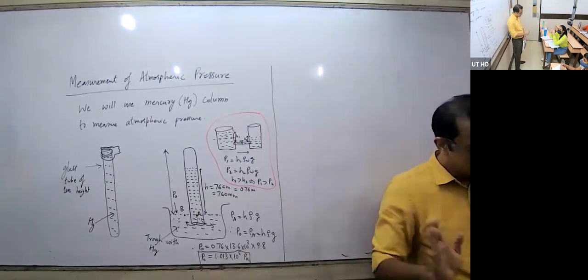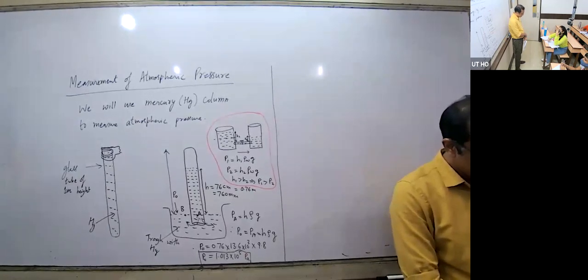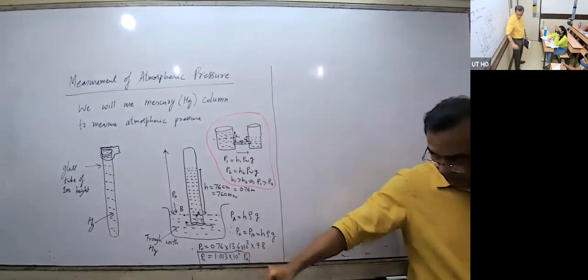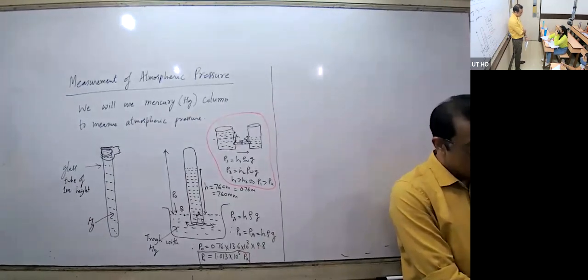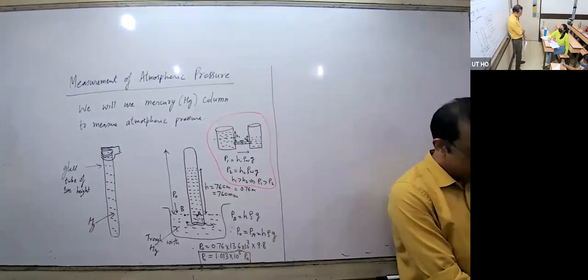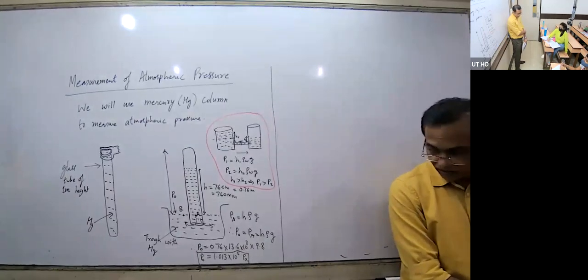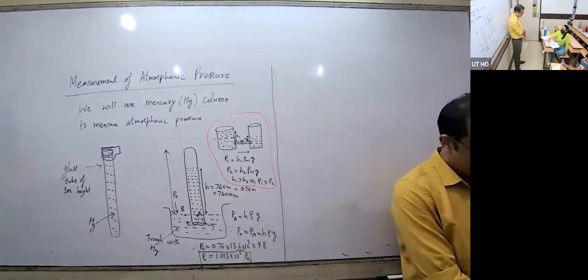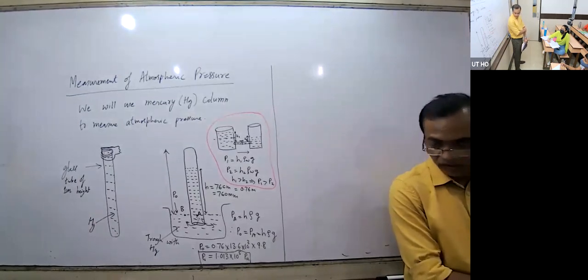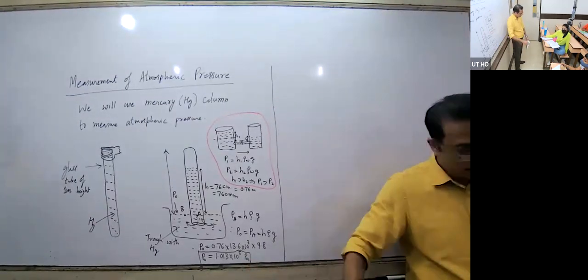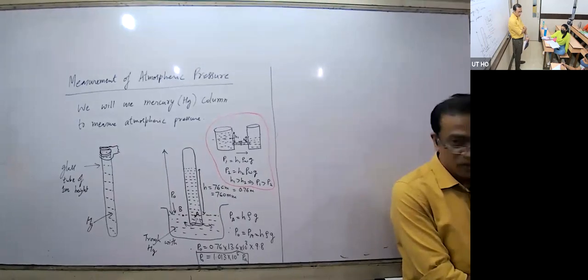Let's say if you use water instead of mercury, right? What is the density of water? It's 1000, 10 raised to 3 kg per meter cube. You have to remember density of water because it's a simple figure to remember. Mercury and water, you'll come across these numbers often.